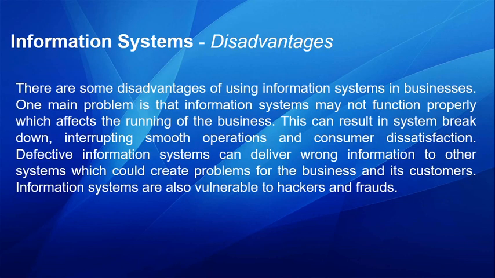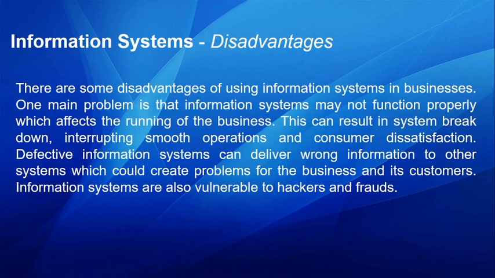One main problem is that the information system may not function properly, which affects the running of the business. This can result in system breakdown, interrupting smooth operations, and also consumer dissatisfaction, which is not at all tolerable for any successful business organization.